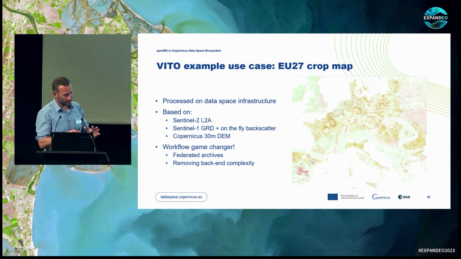So we did it on the EU's 27 countries. So we needed level 2A data from Sentinel-2, Sentinel-1 GRD data. We did on-the-fly backscatter. We used also the digital elevation model of Copernicus on 30 meters. So we could easily build that process graph on a continental scale and push it to batch processing.